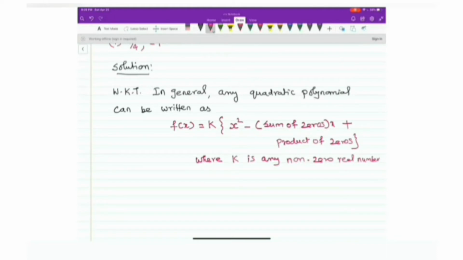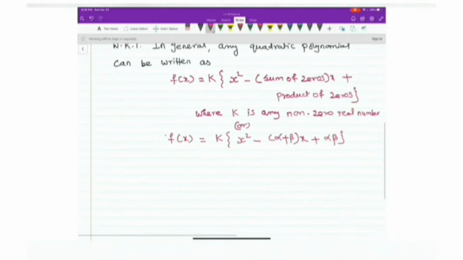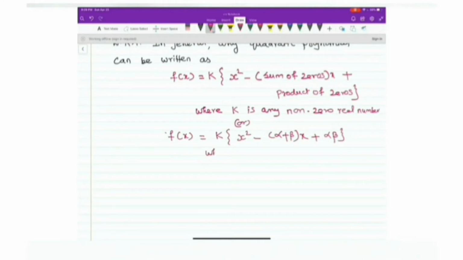I can write the same polynomial as f of x is equal to k into x square minus alpha plus beta into x plus alpha beta, where k is any non-zero real number.